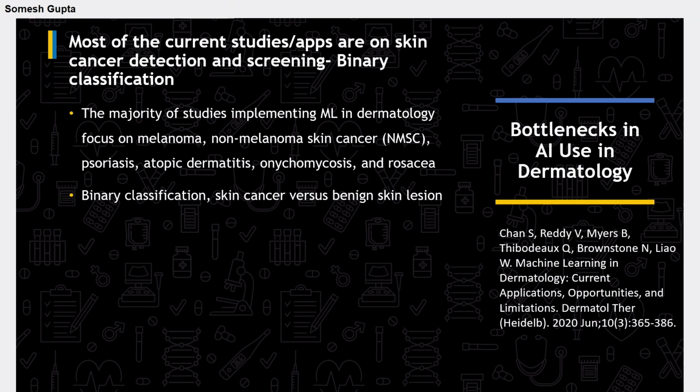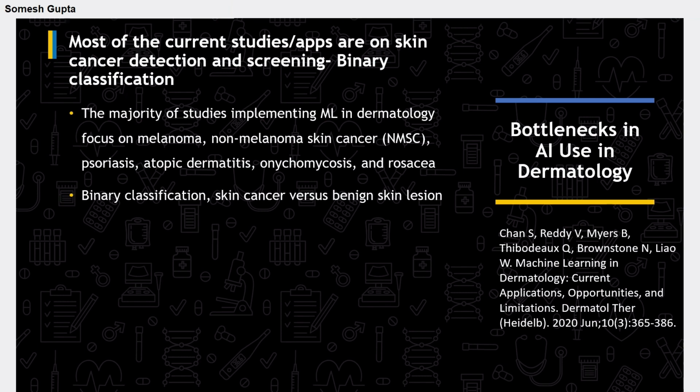While it is very important to detect skin cancer, skin cancers are relatively uncommon in skin of color. So our primary focus is on the diagnosis of other diseases also, apart from skin cancers.